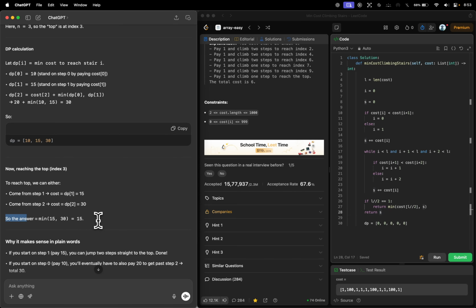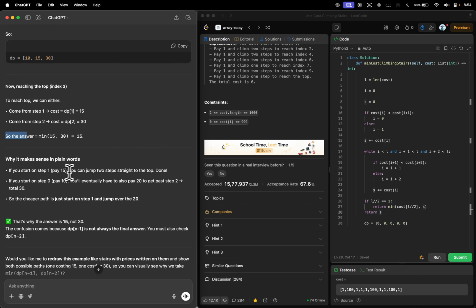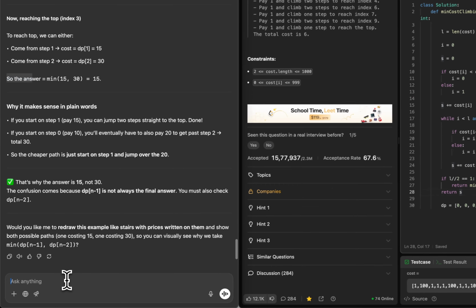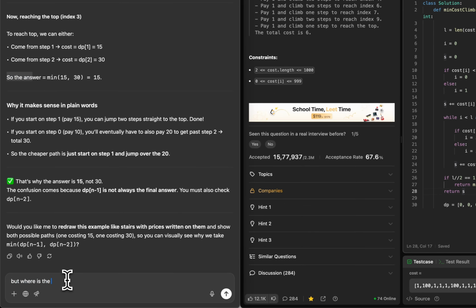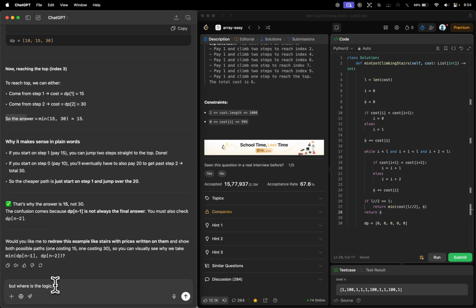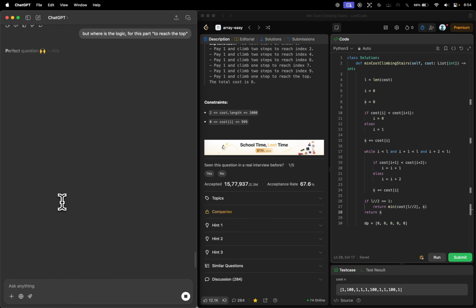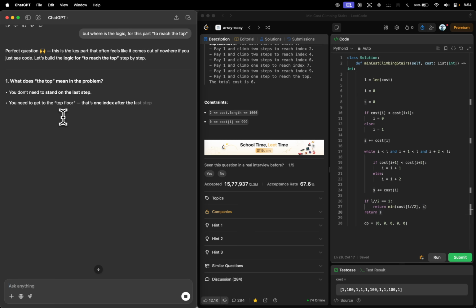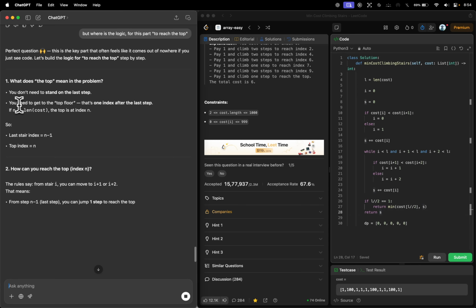Why it makes sense in plain words. If you start from 1, that's why 15. But where is the logic of this part, to reach the top? We need to stand on the last step. We need to learn how you can reach the top.